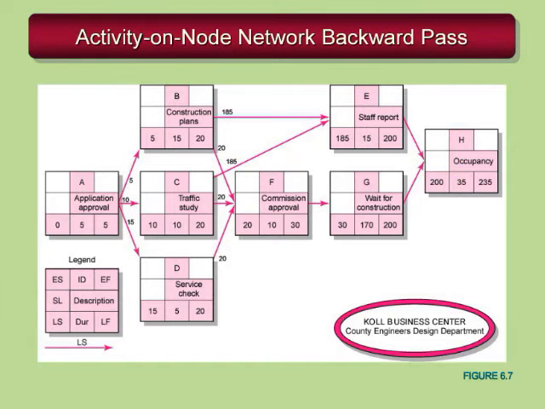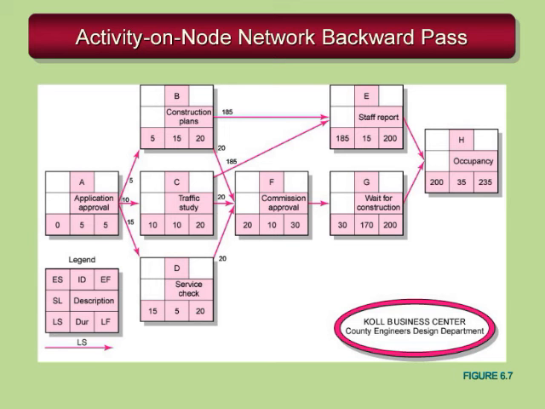Now we've done a backward pass through the network by starting all the way over on the right-hand side at 235, subtracting 35, and getting 200, and then filling that in as the late finish time for each activity, subtracting duration, getting a new late start. The only problem comes into play when you have multiple activities merging, if you will, backwards.